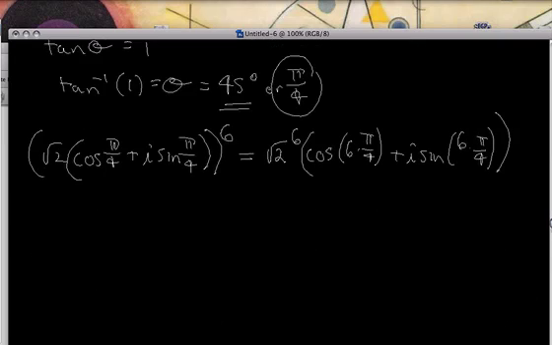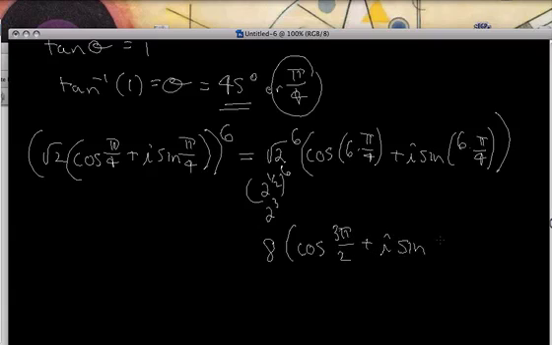And of course, we want to clean this up just a little bit. Square root of 2 to the 6th would be 2 to the 1/2 to the 6th power. So that's actually 2 cubed, or 8. 6 times pi over 4 is 6 pi over 4, or 3 pi over 2. So we write this as cosine of 3 pi over 2 plus I sine 3 pi over 2.